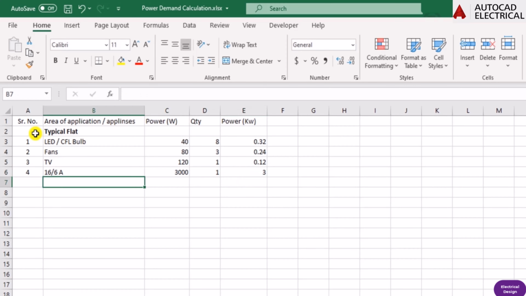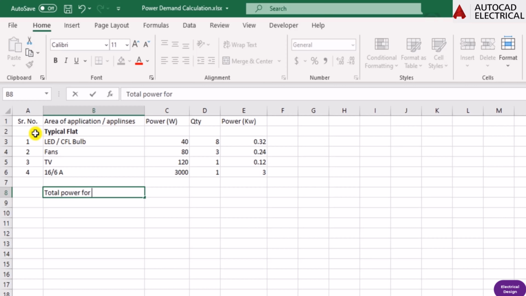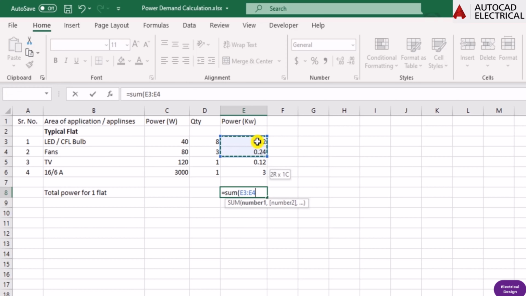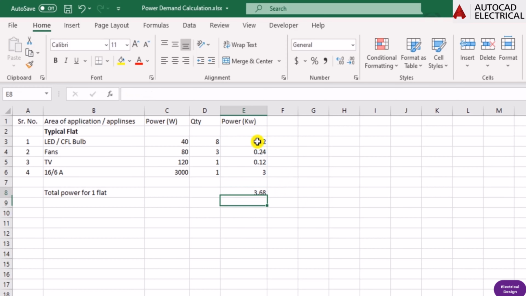So the total power for one flat is around 3.68. This is the total power required in a flat in case of emergency.